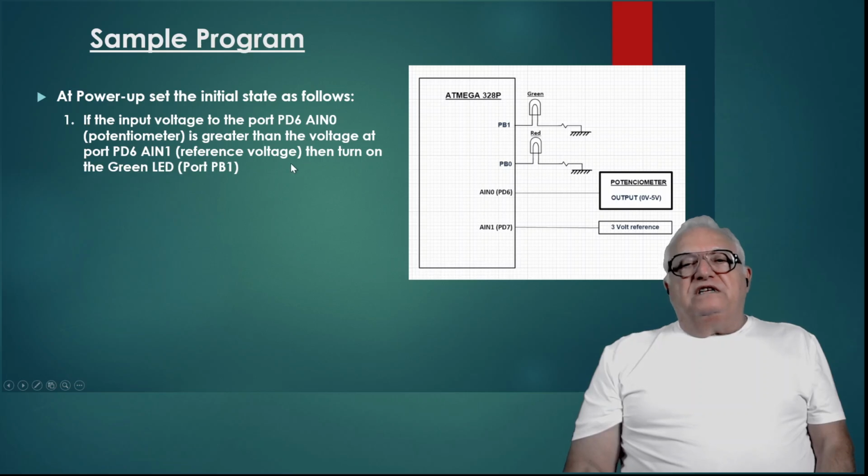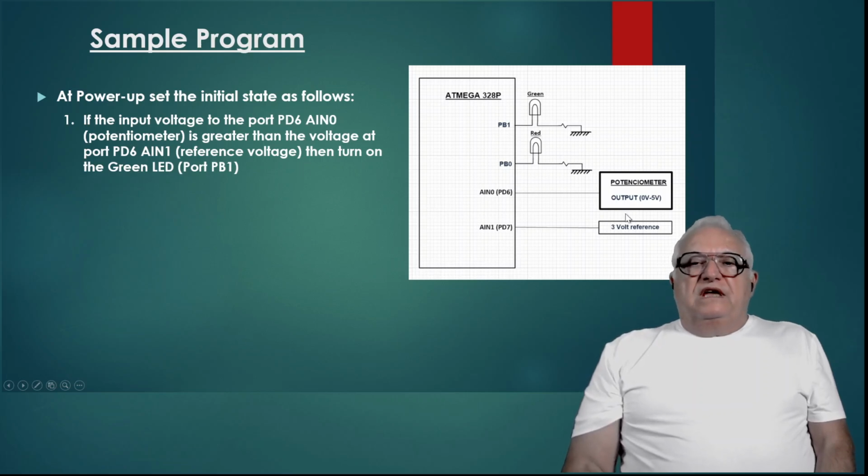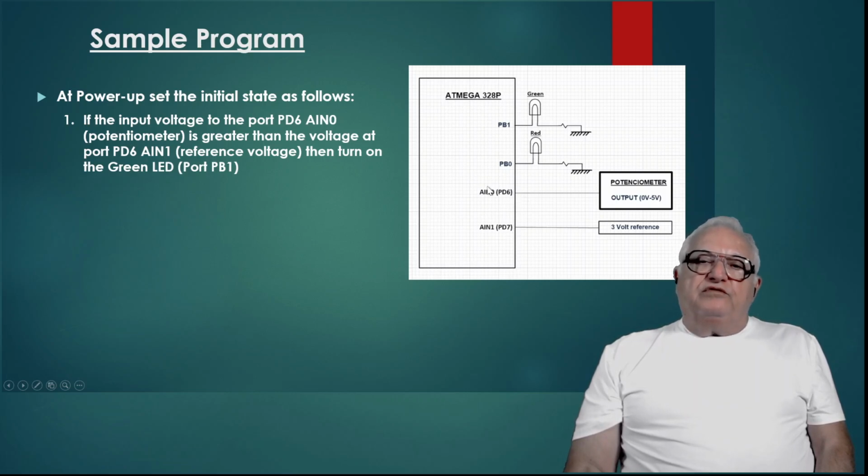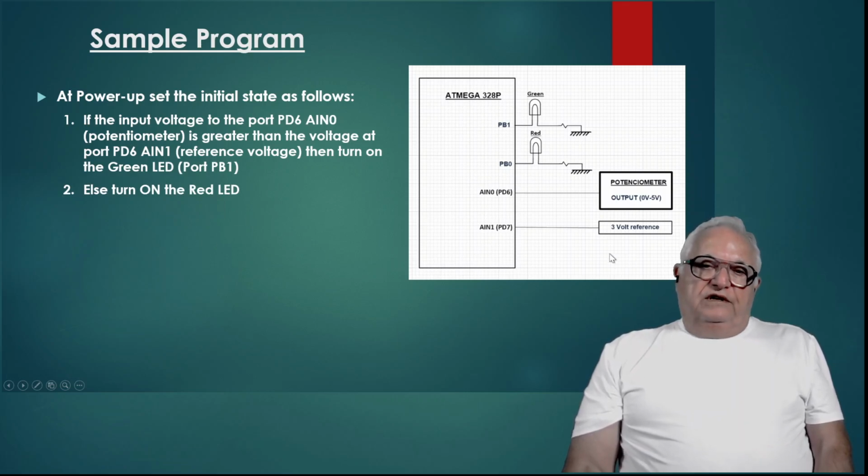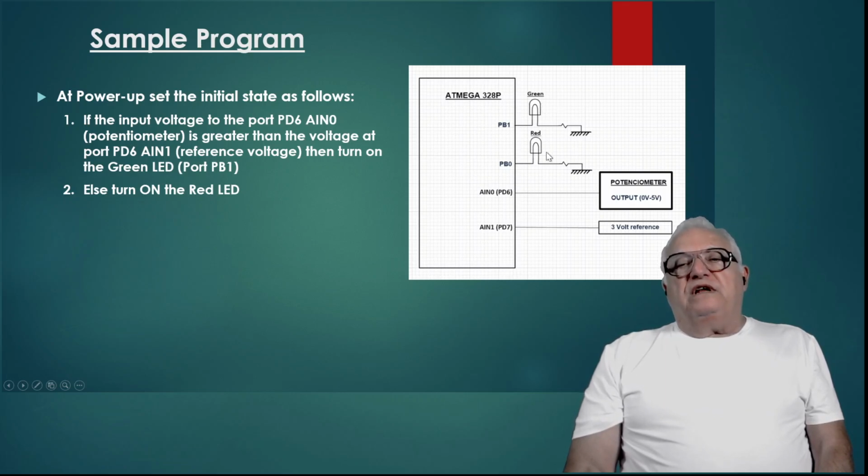Basically when you come up, if the input from the potentiometer is greater than 3 volts, you turn on the green light. Otherwise, you turn on the red light. So as soon as you power up, you should know the state of your voltage, whether it's above or below the threshold, by looking at the green and red light and seeing which one is on.